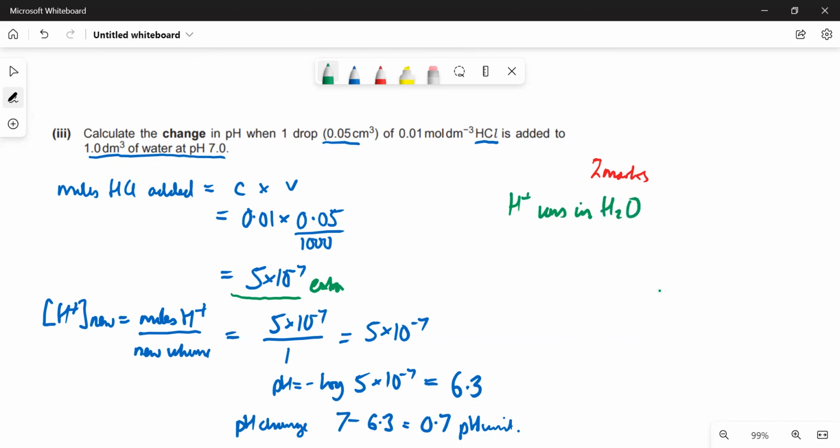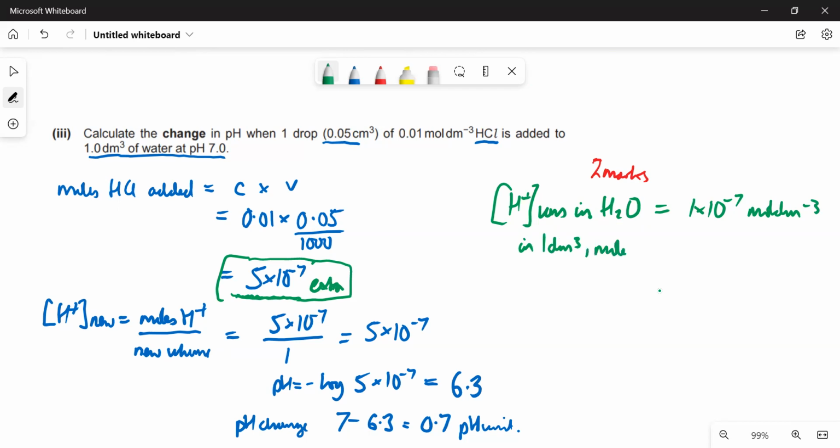It's 1 times 10 to the minus 7 mole per dm³. Here it's not much smaller at all. It's of the same order of magnitude as that one there. So that's the extra ones that were added. So in 1 dm³ of water, how many moles of H+ have we got? That's 1 times 10 to the minus 7 moles.